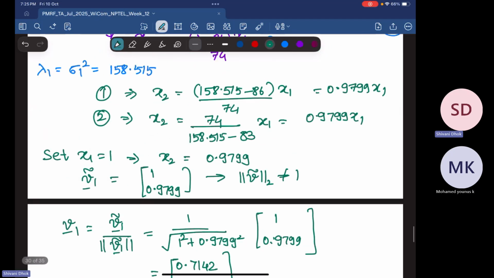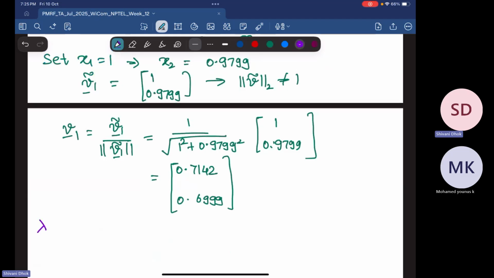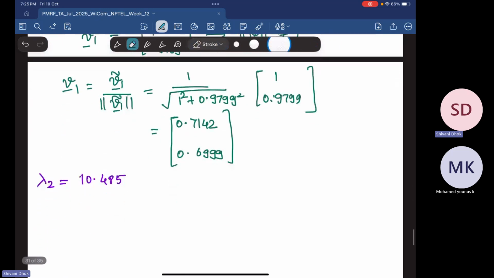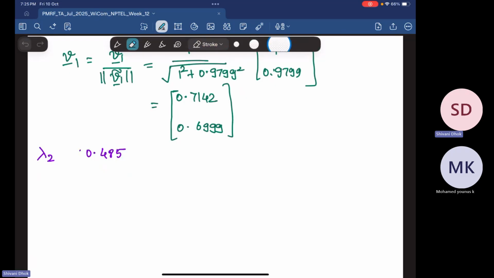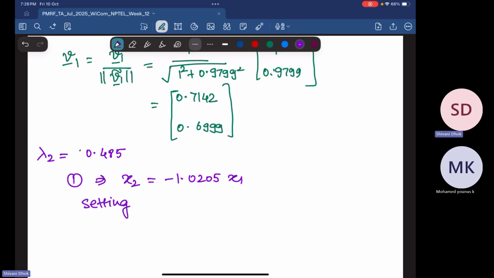Okay, now this was for lambda 1. Now when we have lambda 2 equal to 10.485, then my equation 1 will give me x2 equal to minus 1.0205 x1, and equation 2 will also give me the same thing. I'm not repeating the same things now. Now setting x1 equal to 1, I'll have x2 equal to minus 1.0205.